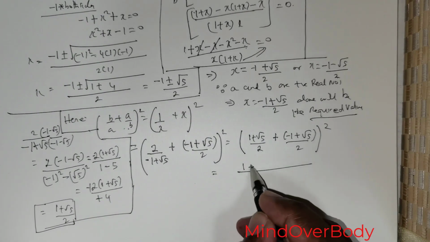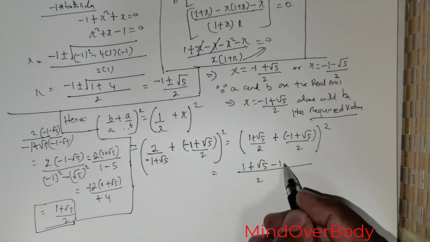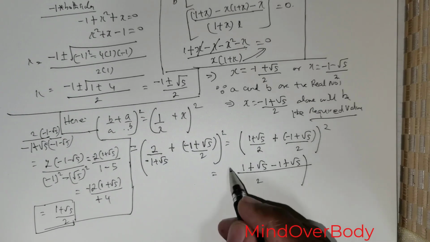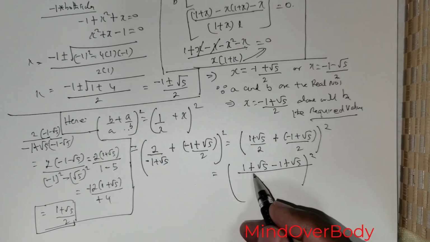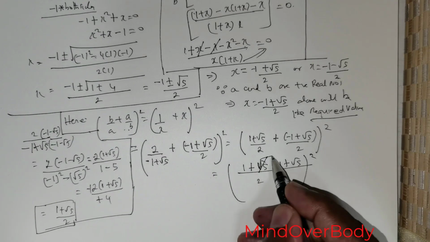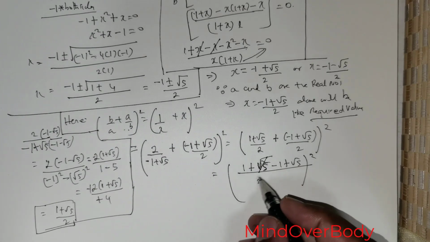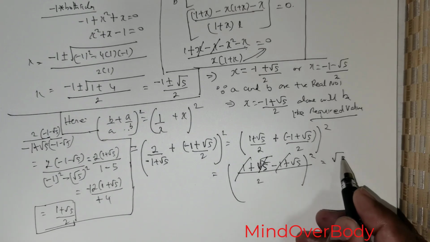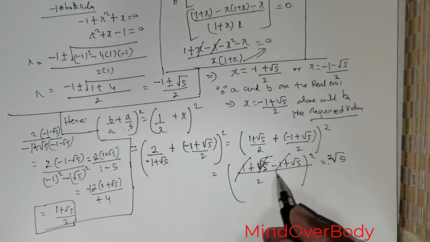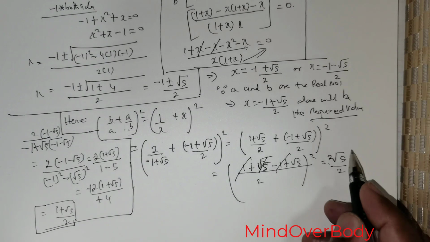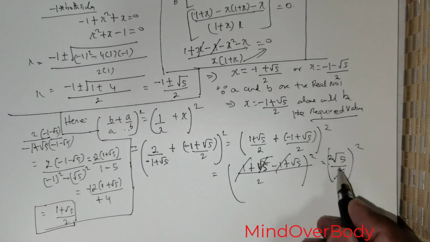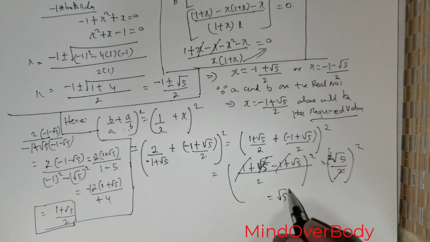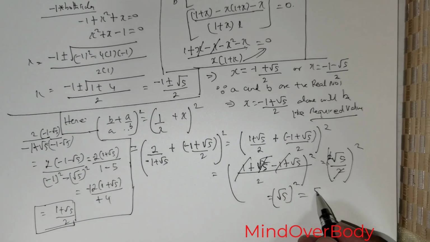I get 1 positive root of 5 -1 positive root of 5. This is squaring. I can't cancel this root 5, but I can cancel positive 1 negative 1, and that would give me 2 times root of 5 divided by 2 raised to the power of 2. So 2 gets cancelled, giving me root of 5 raised to the power of 2, which is equal to 5.